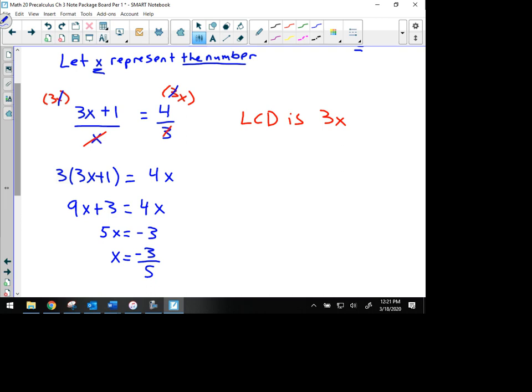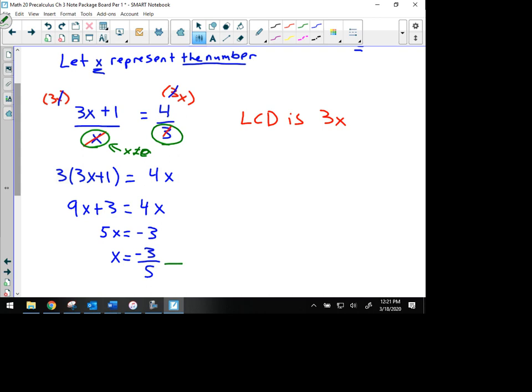The question here does not ask us to consider non-permissible values, but we still need to make sure that this is a viable answer. So if we look back up at our denominators, the only non-permissible value here would be based on that x. x cannot equal 0.